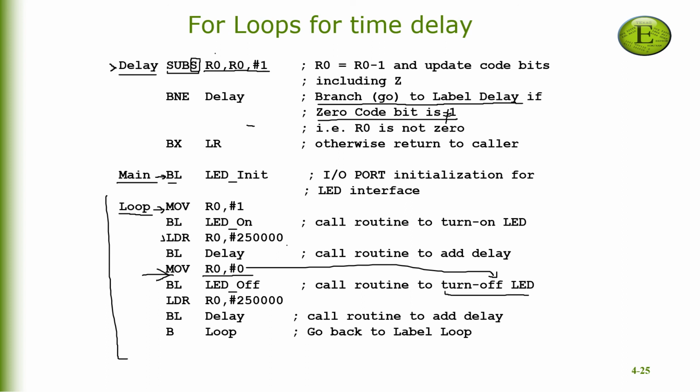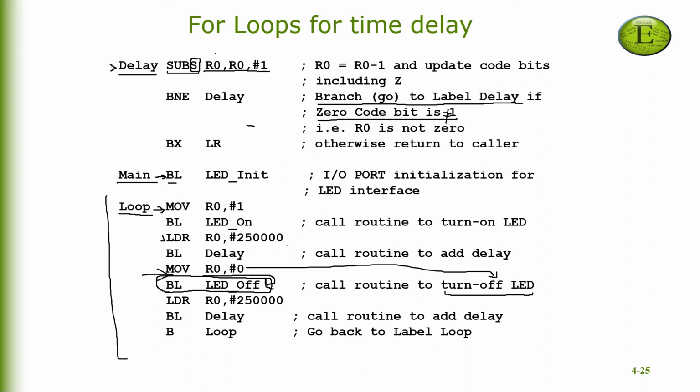The LED is not turned off yet until we actually write the value of R0 to the address of the IO port that we are using, and we have seen example code of that before.